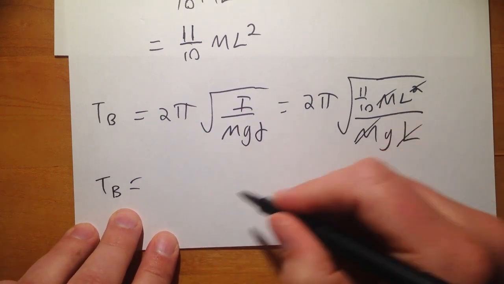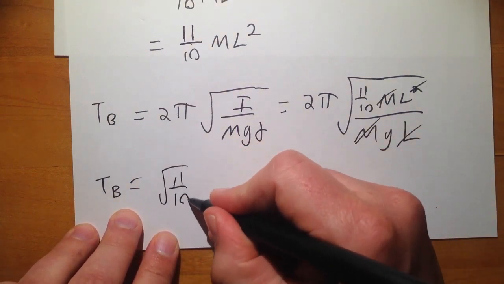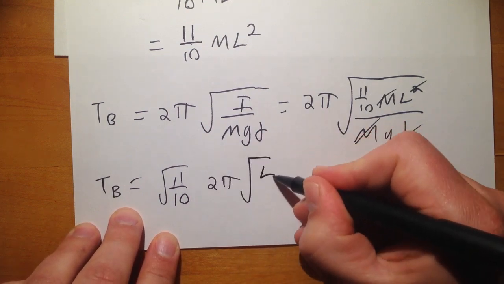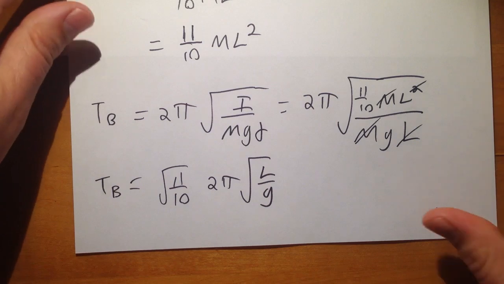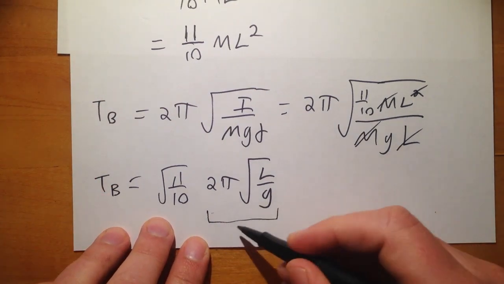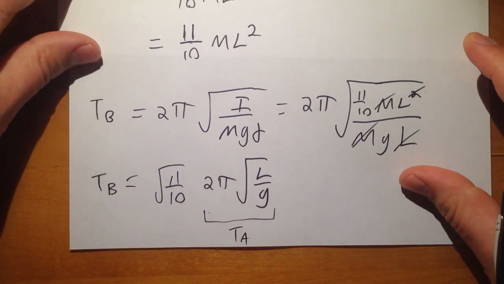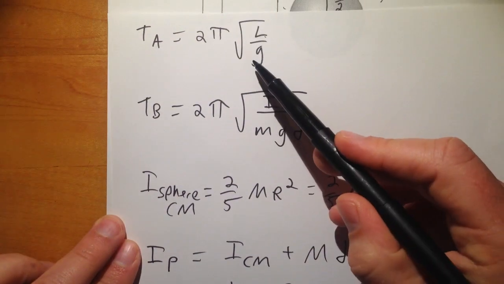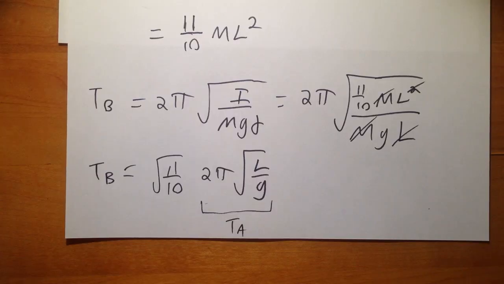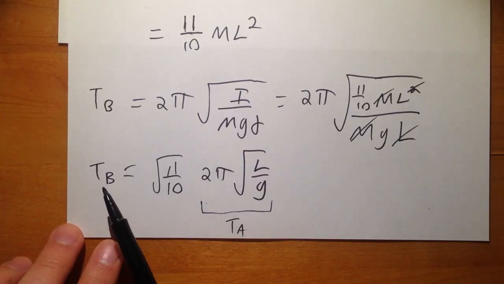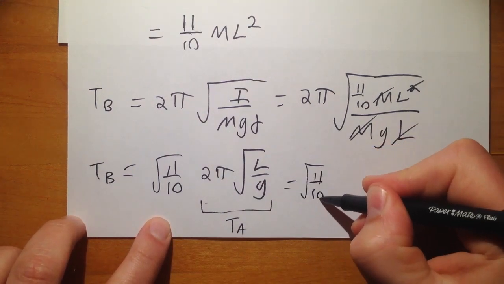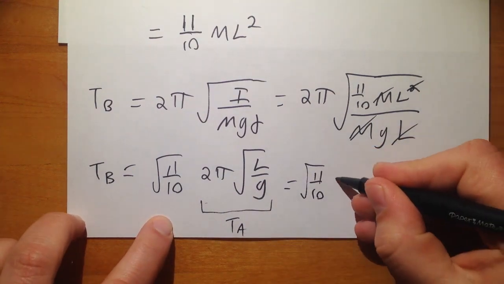I'm going to bring out the square root of 11 over 10, and then I have 2 pi times the square root of L over g. Okay, and I note that this part is just our equation for the period of pendulum A. Right, that's what we found up here, 2 pi times the square root. Okay, so what we found is that the period for pendulum B is now the square root of 11 over 10 times the period for pendulum A.